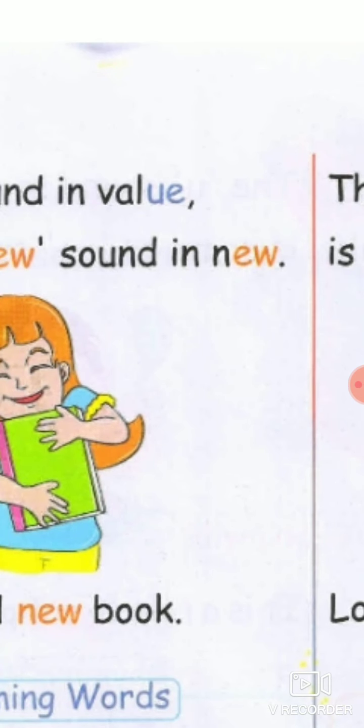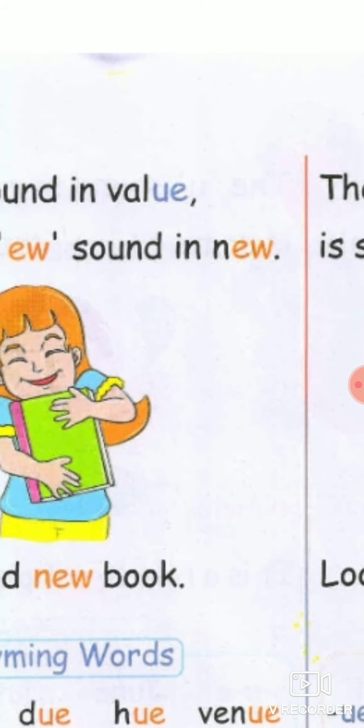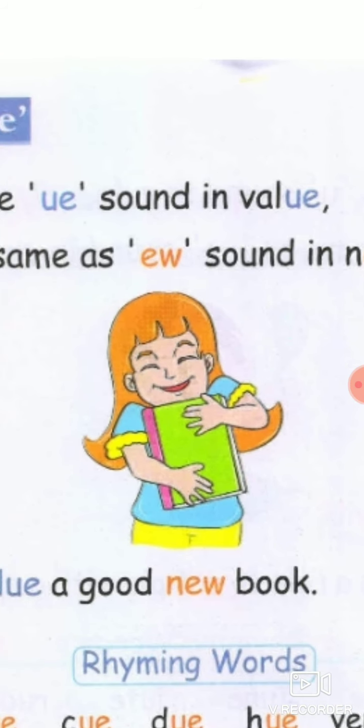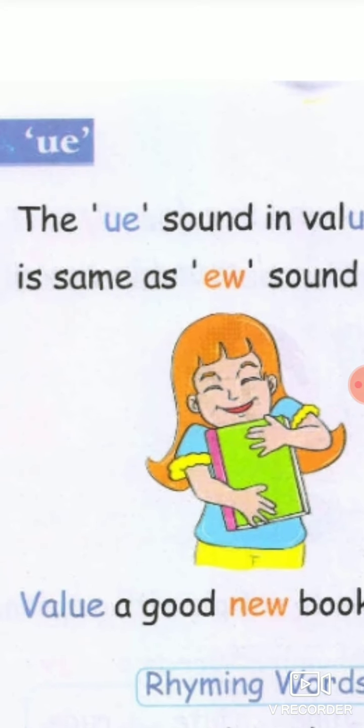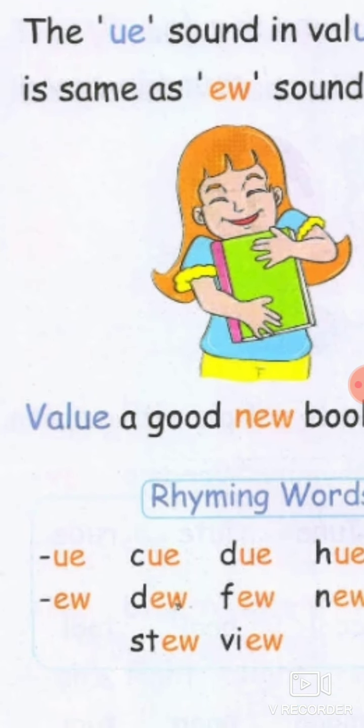So it is giving also the same sound OO. Speak with me. OO. So here value and new, in both the spellings UE, EW both are giving the same sound OO.